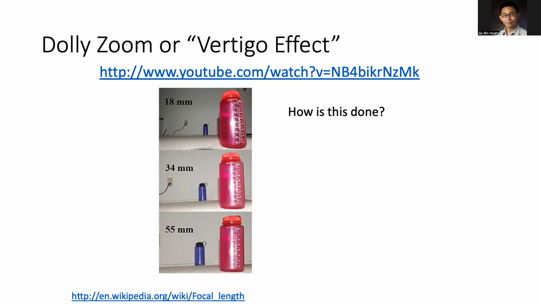But if you take a step back to make sure that the object size remains the same, then you have this kind of interesting effect. Okay, so this has been done in the movies a lot. So here are some examples. People have been playing around with it in the movie industry.